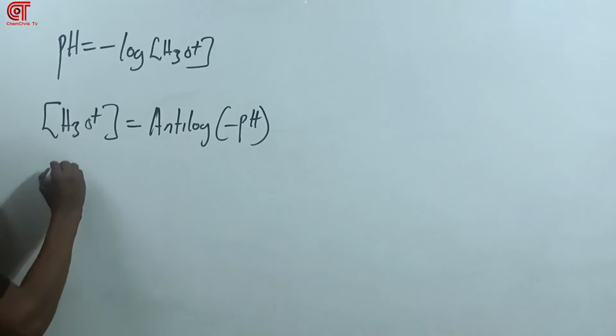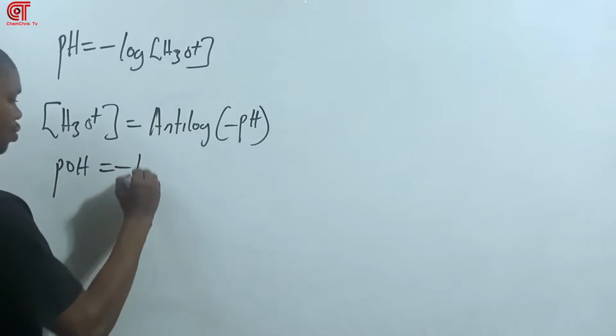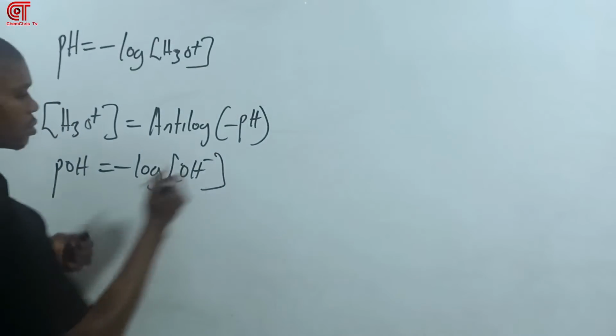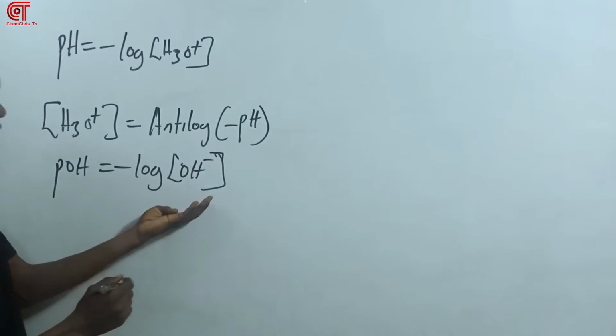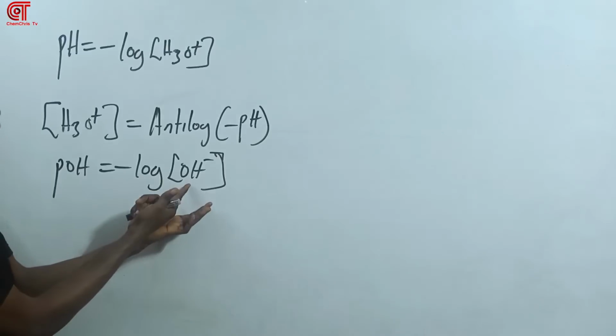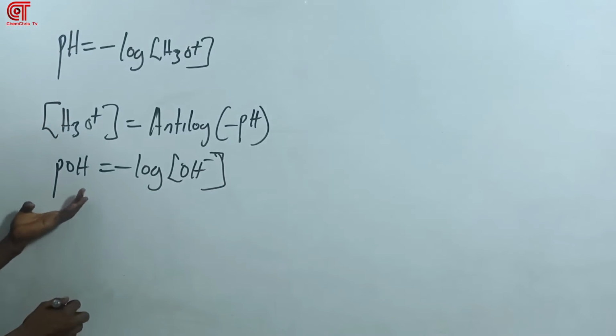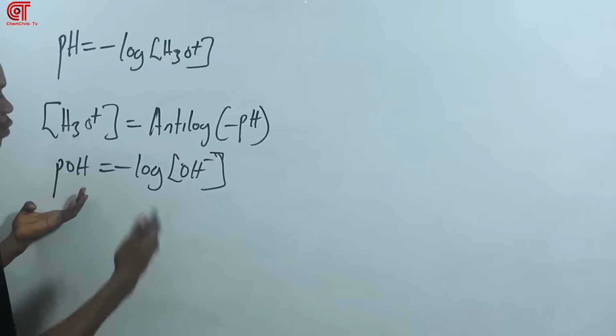Then we have pOH equals minus log the hydroxide ion. Whenever I see OH minus, that is for the base. This is when you are asked to calculate the pOH of that base.